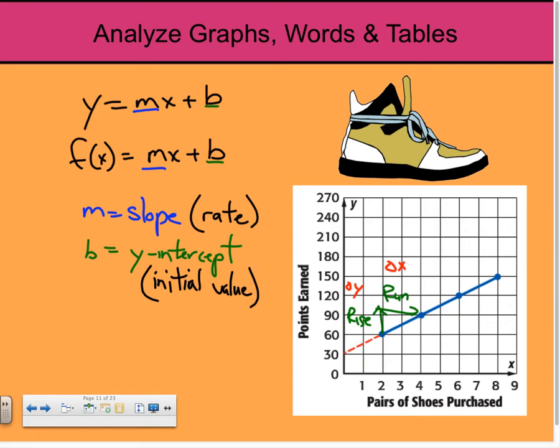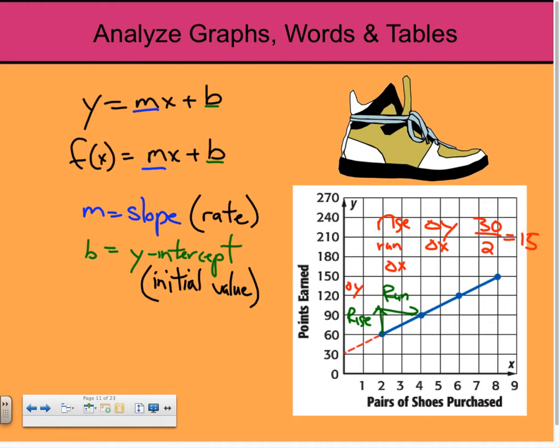Notice that my rise is from 60 up to 90, so I have a change in y of 30. And then my run is from 2 over to 4, so my change in x is 2. If I simplify 30 divided by 2, I get 15.